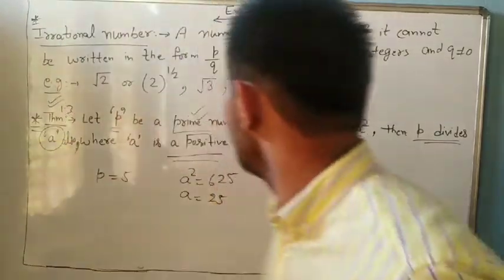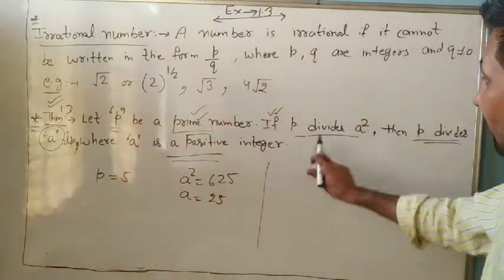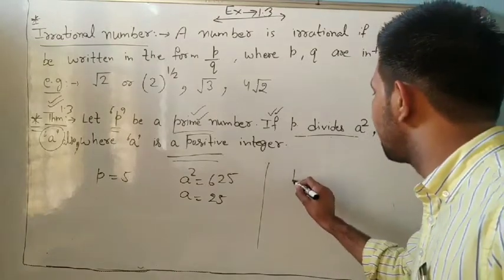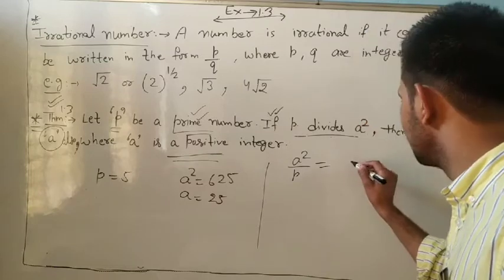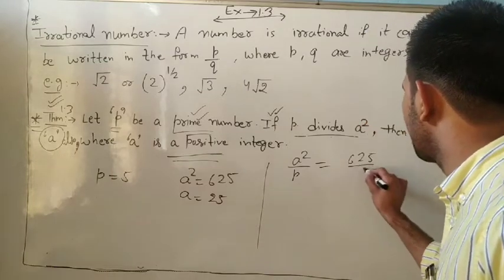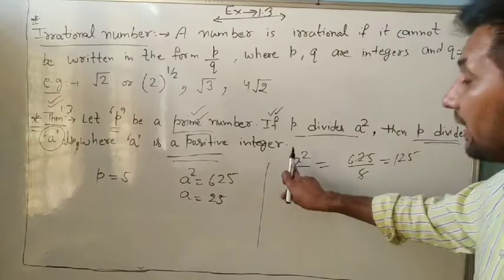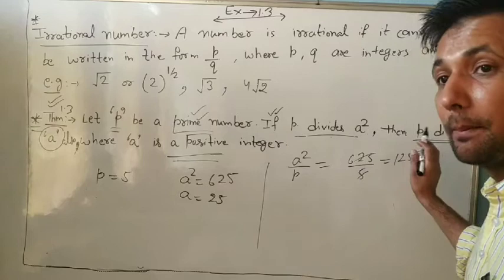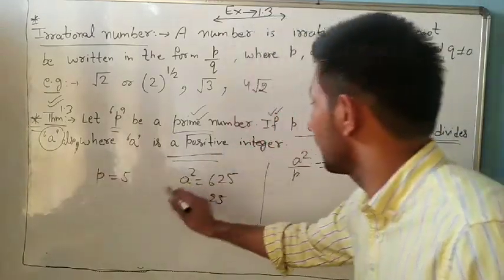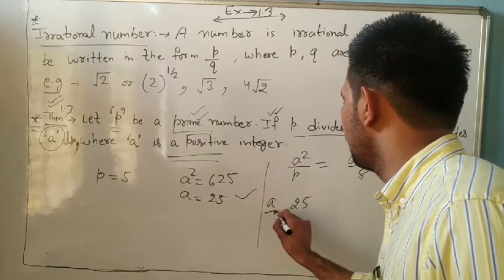So in the question it is given, if P divides A square. A square is 625, divided by 5. It will be divisible easily or not? Then if P divides A square, then P divides A also. A is 25, so 25 is divided by P also.